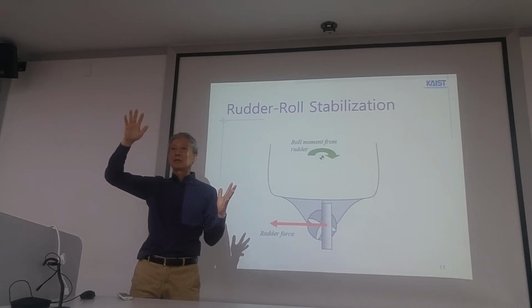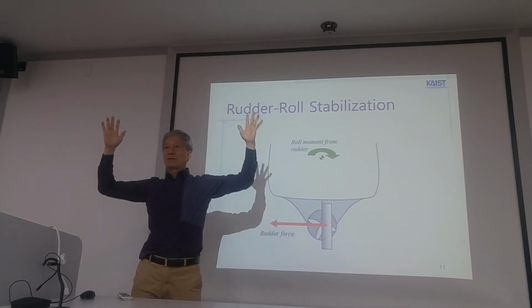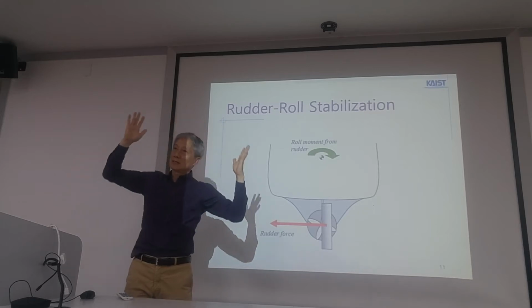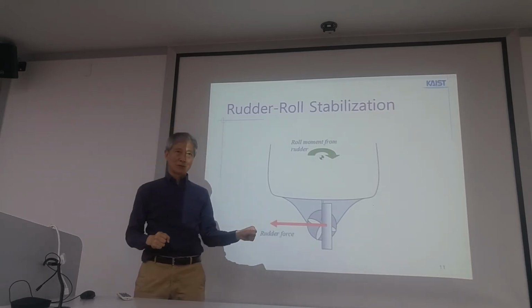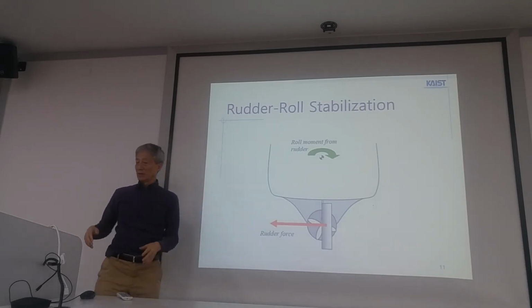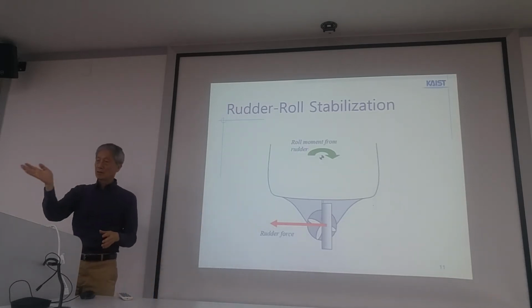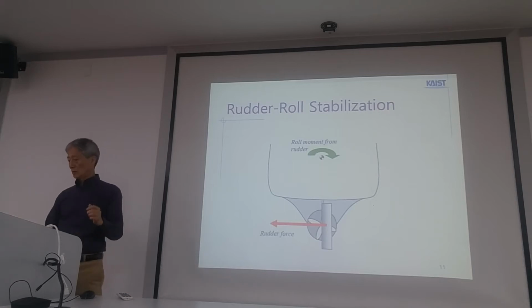So you need a big sail and big wind force, so that it is running in this way, right? So the rudder operation is important for maneuvering and also stability.